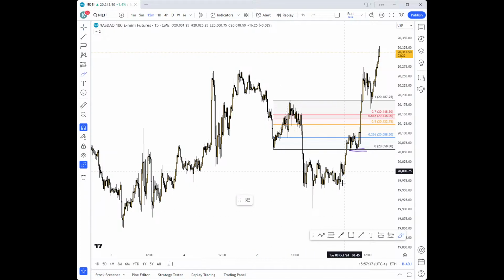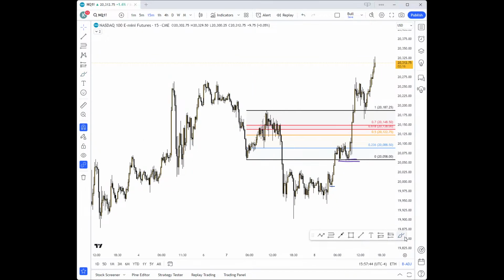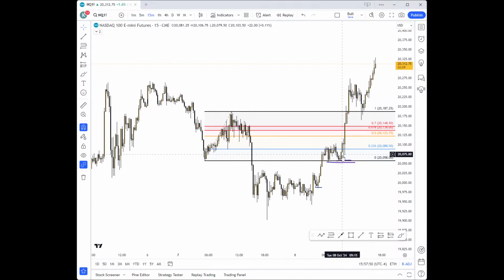So our expectation was mean reversion, failure here, trades back up into this area. But we had no cause to be taking continuation shorts on this leg up. It was just higher time frame delivery.